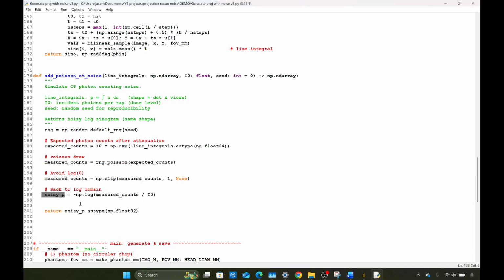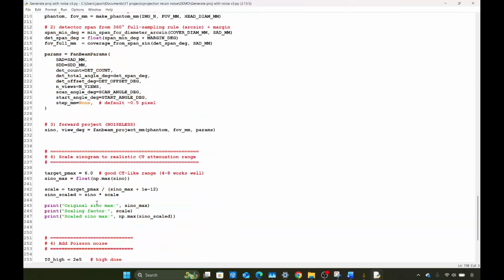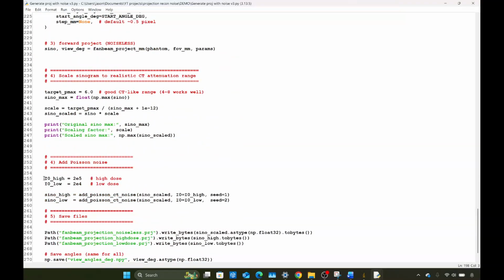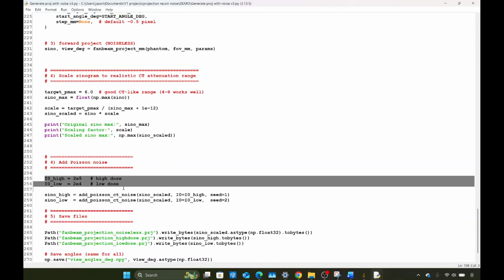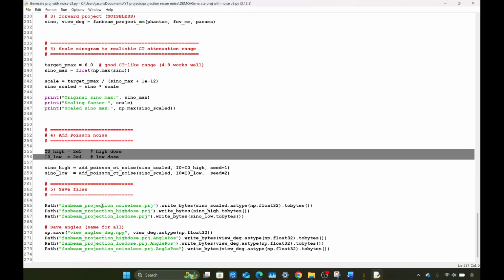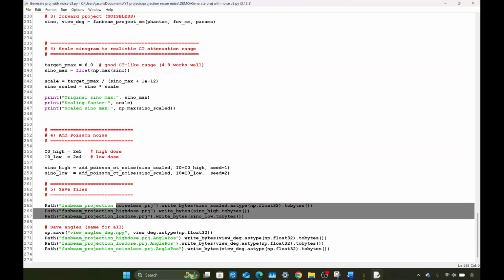To simulate dose variation, we will compare two scenarios. A high-dose case using a large incident photon number, and a low-dose case using a smaller incident photon number. We will use these two scenarios to simulate both a high-dose and a low-dose scenario, and we will generate three projections.